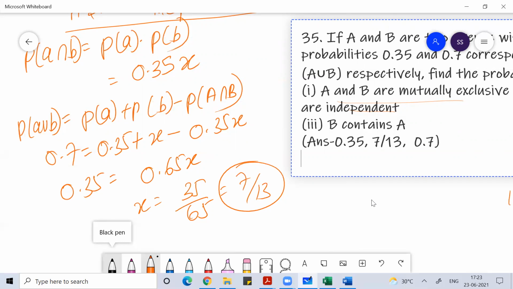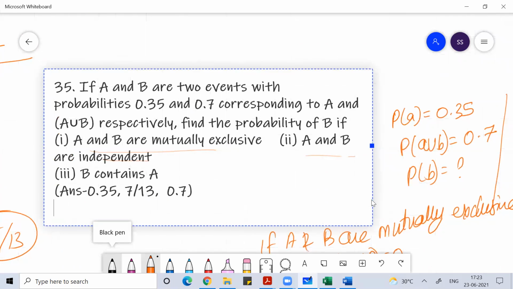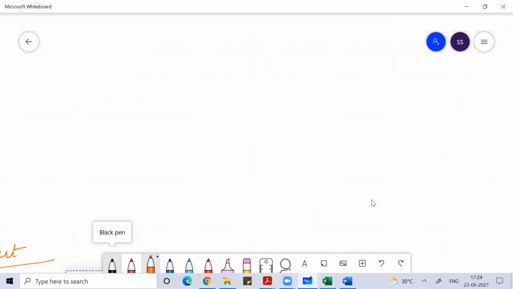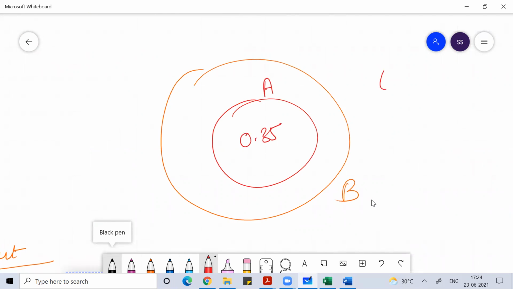Then the third case is B contains A. If B contains A, it means A is a subset of B. A is 0.35 and A union B is 0.7.